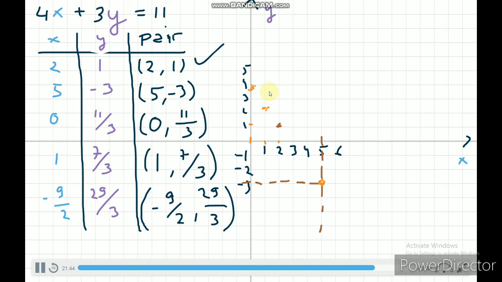So we have 4 dots already. 4 dots represent 4 solutions, but you have to show it as completely as possible, right? So you still need to find all values of x and y in between them.